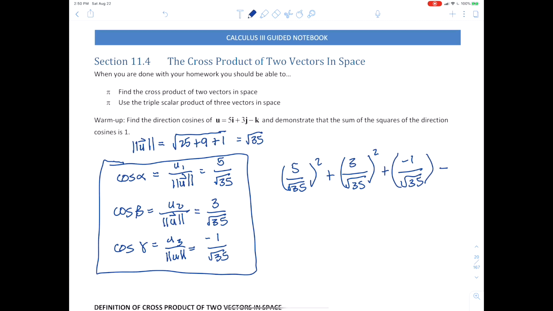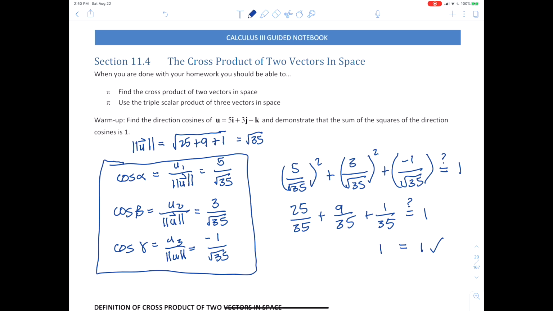We want to know, is that equal to 1? So this will give us 25 over 35 plus 9 over 35 plus 1 over 35. Is that equal to 1? Yes, because we get 35 over 35, and that is indeed equal to 1.